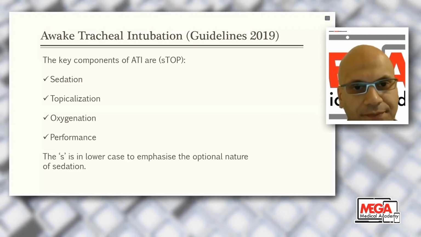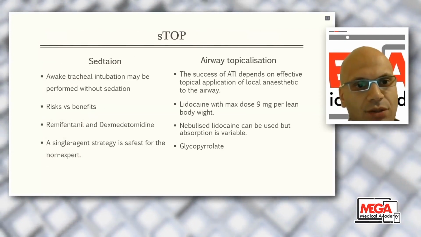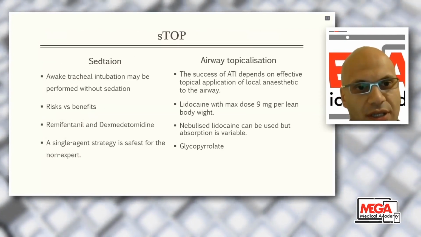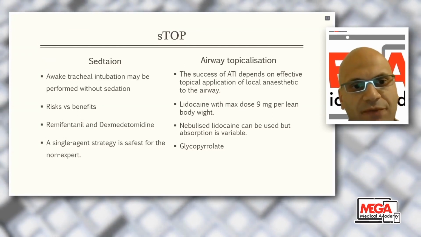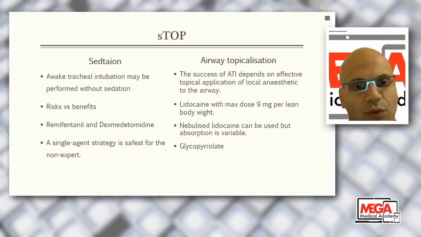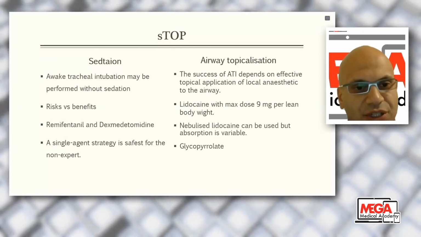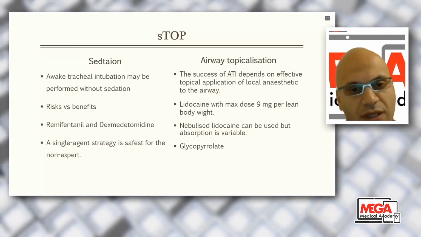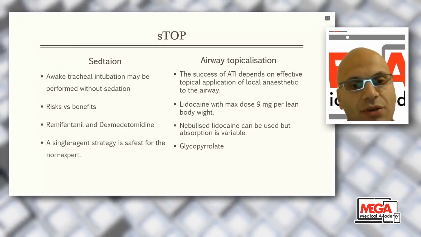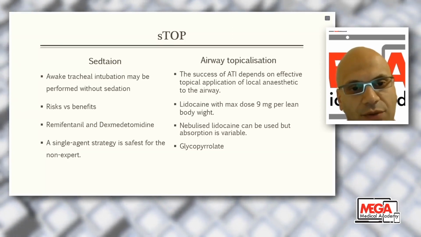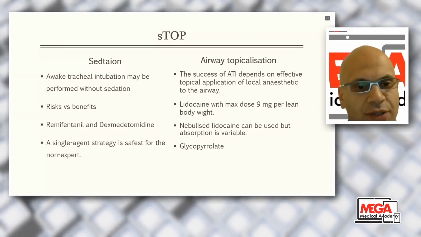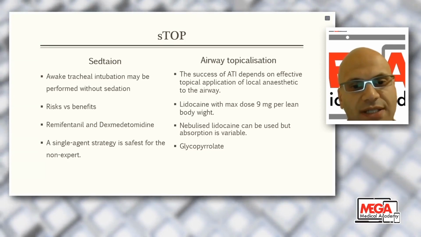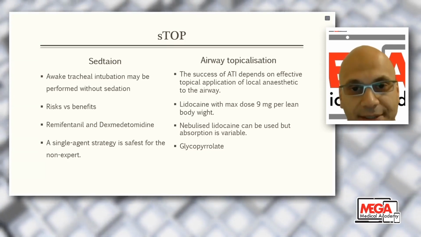So awake intubation may be performed without any sedation. You have to weigh the risks and benefits of sedation. The usual agents we use are remifentanil infusion or dexmedetomidine infusion. A single agent strategy is safest for non-expert anesthetists.